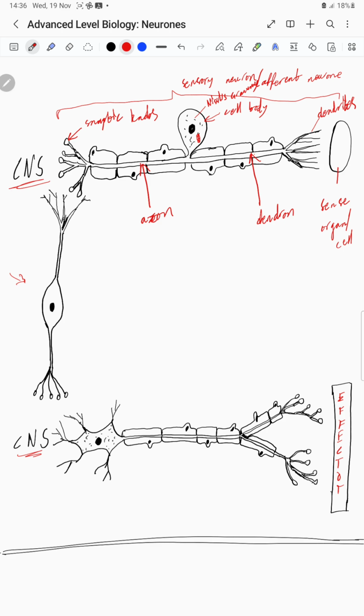Right, so we want to look deeper into the cell. These are Schwann cells, which we talked about just previously.